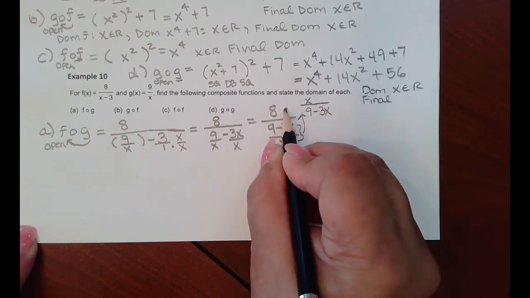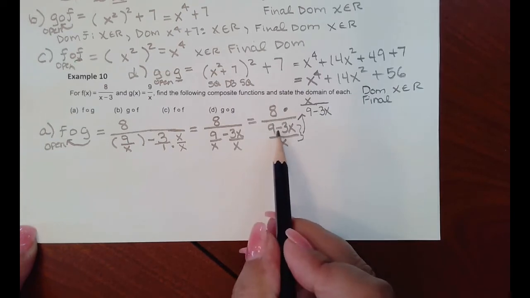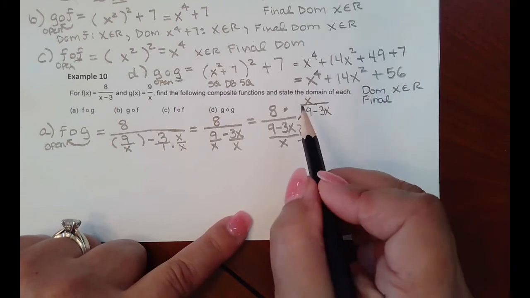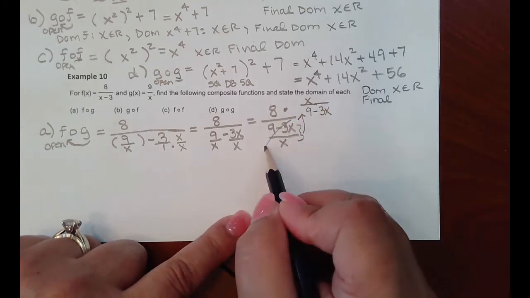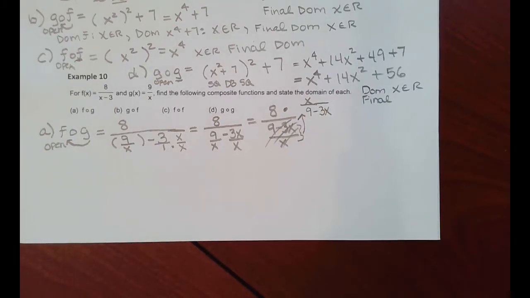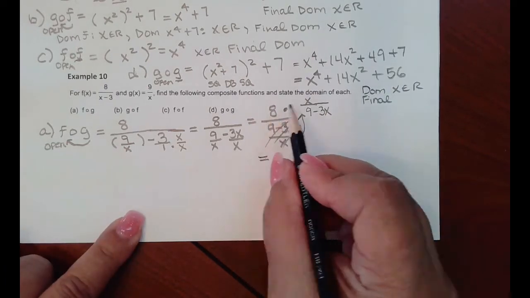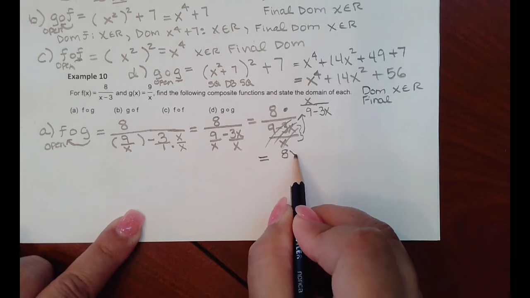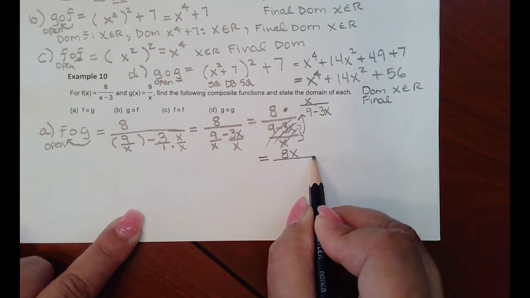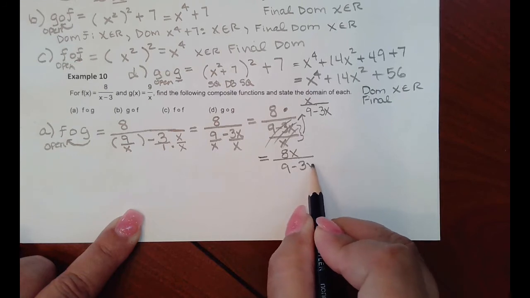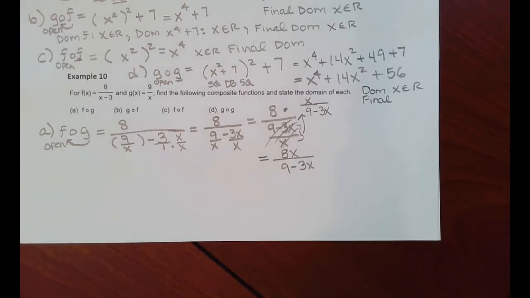So now, instead of having a divisor of 9 minus 3x over x, it has now floated to the top, acting as a multiplicative reciprocal. So that's not there anymore. And what you end up getting is 8x over 9 minus 3x.